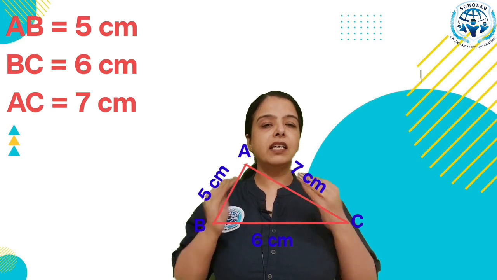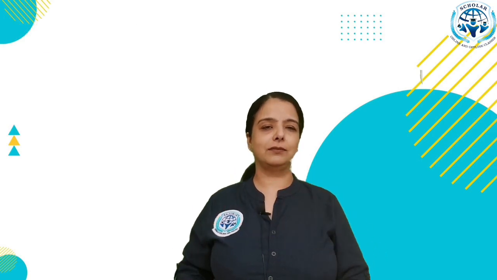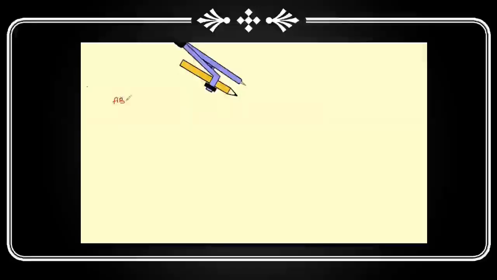Now we will attempt to draw this triangle using ruler and compass. Let's see. Now we are going to draw one triangle with SSS criteria, that means the three sides are given. AB, BC, AC are 5, 6 and 7 centimeter respectively.